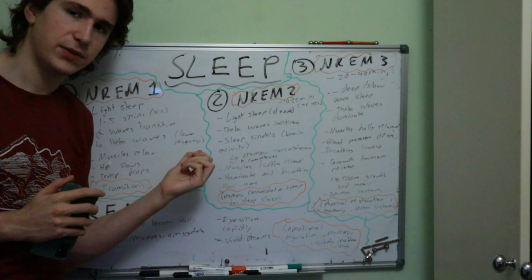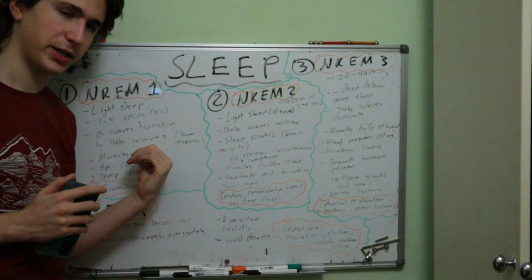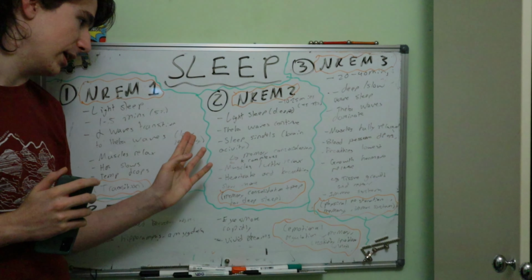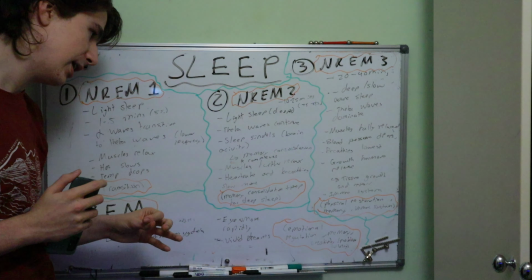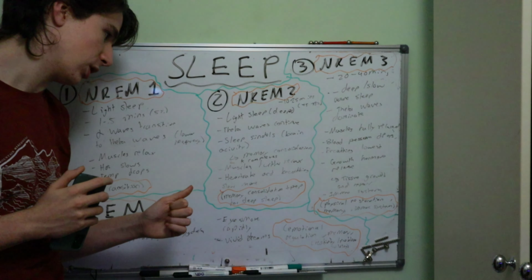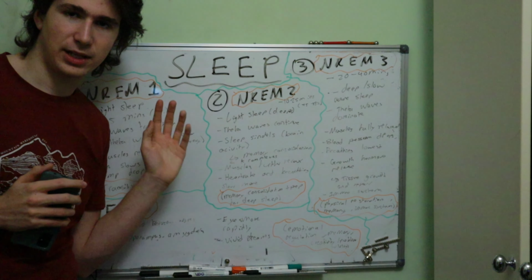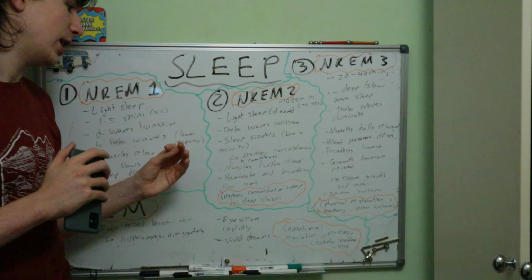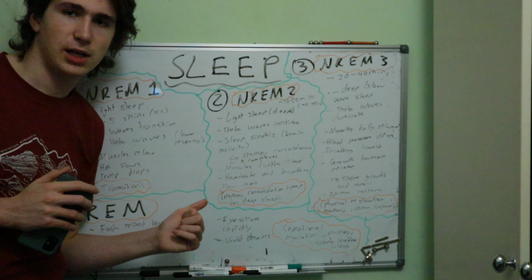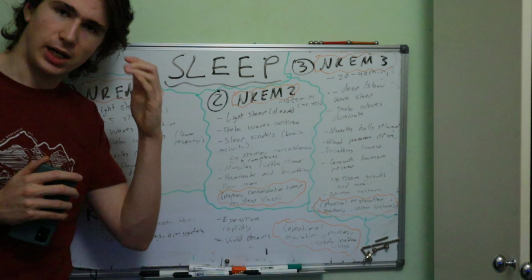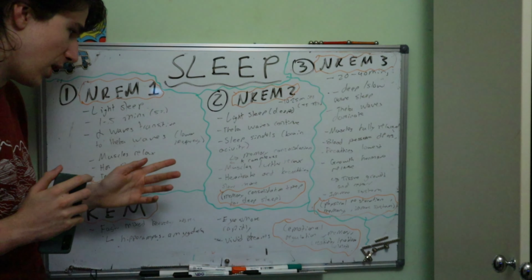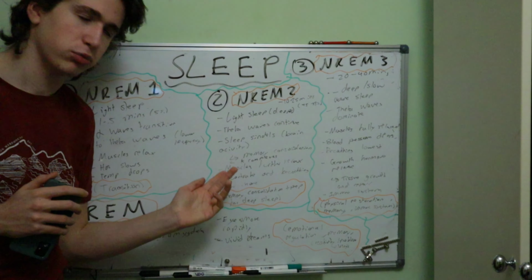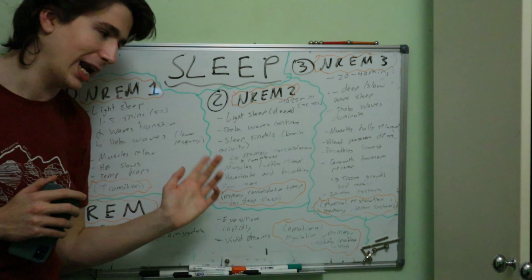The theta waves that started in the first step do continue, and sleep spindles, which are little bursts of brain activity associated with memory consolidation, increase, so you've got more of them. And you've also got K complexes forming, which makes it harder to wake you up. The muscles further relax, and the heart rate and breathing slow to a lower level.